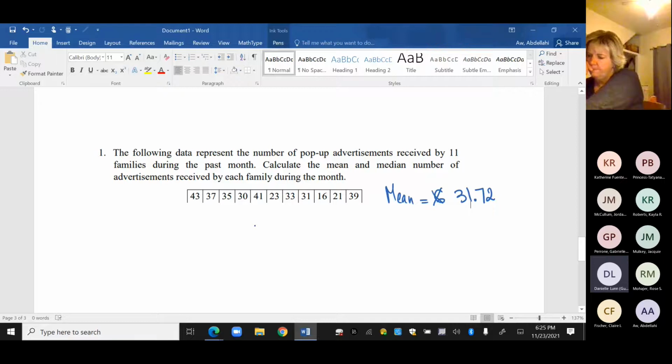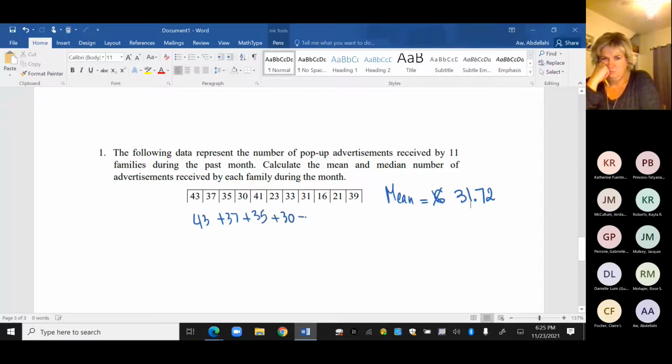Yes, exactly. So this is 43 plus 37 plus 35 plus 30 plus 41 plus 23 plus 33 plus 31 plus 16 plus 21 plus 39, all divided by 11, right?